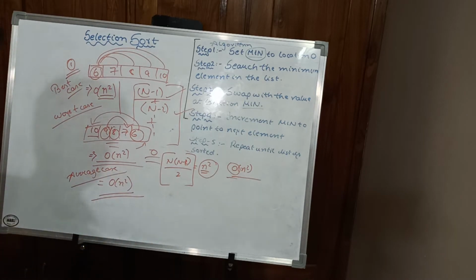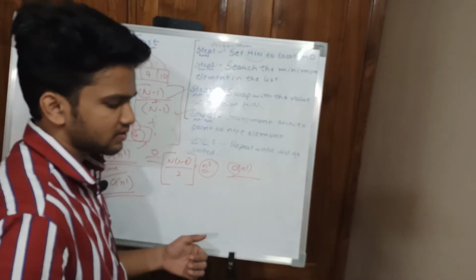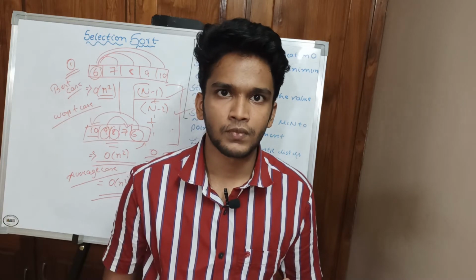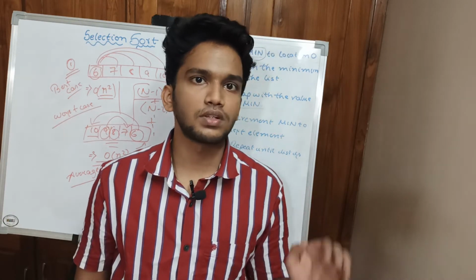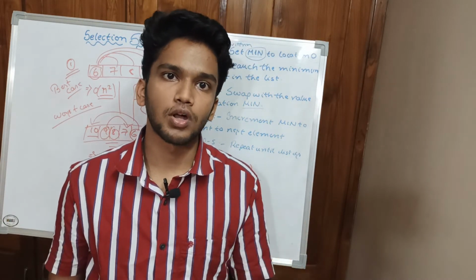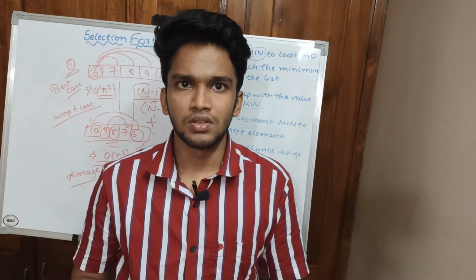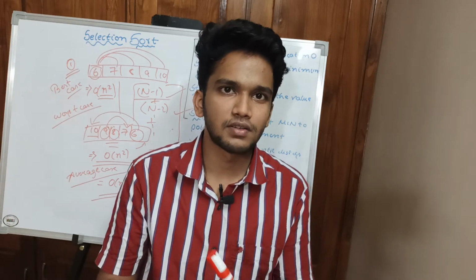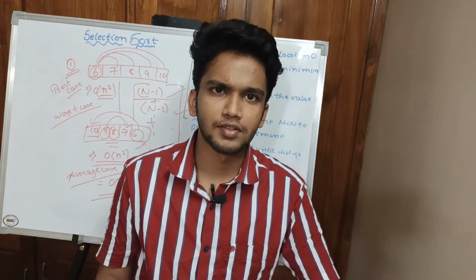Now again, the last thing that I want to mention: what is the disadvantage of using this? The advantage, similar to bubble sort, is that you can use it on a small number of elements, say an array of 4 or 5 elements, or a bit more, 10 or 15 elements, that's all.